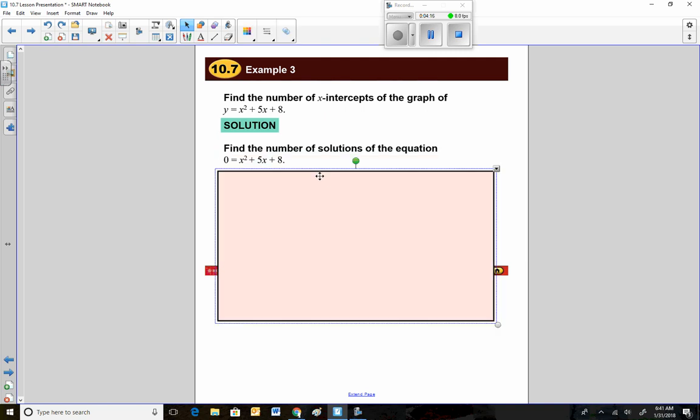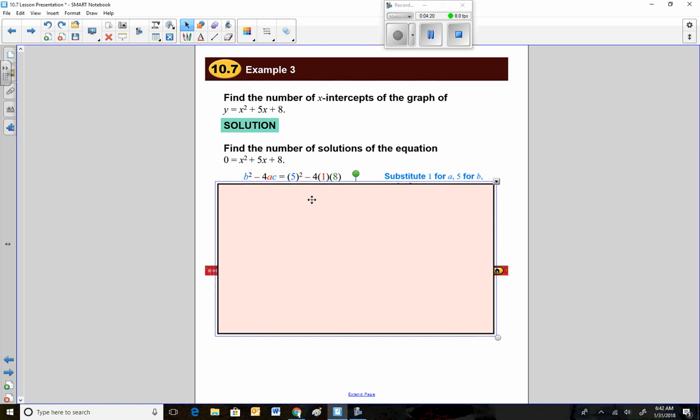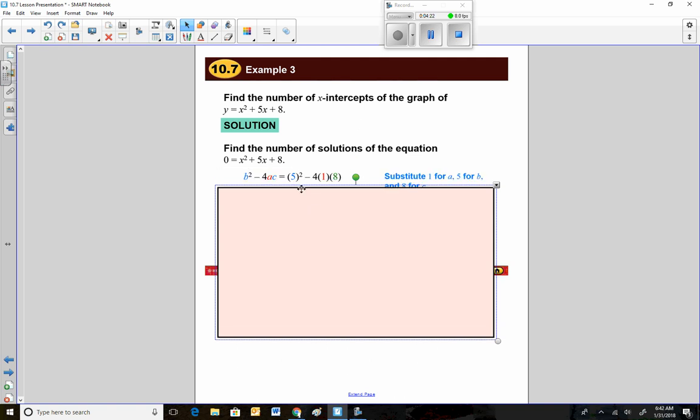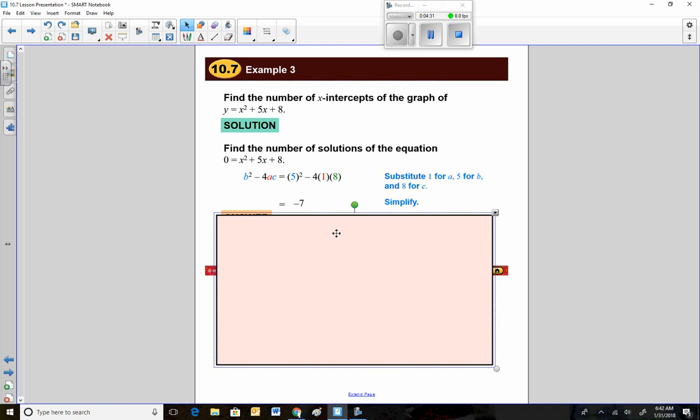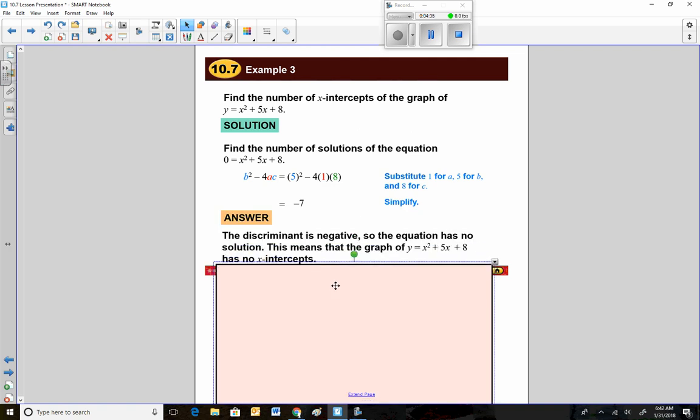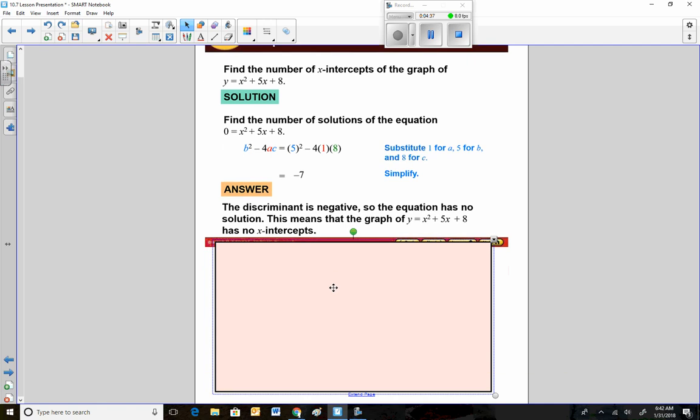So here it is in nice standard form, and we plug it in, and when we do 25 minus 4 times 1 times 8, so 25 minus 32, you're going to get a negative 7. So you guessed it, there are no solutions or no x-intercepts.